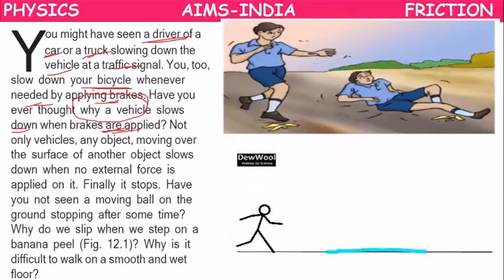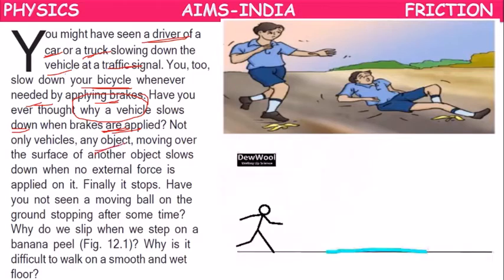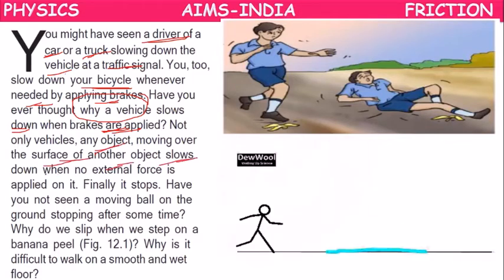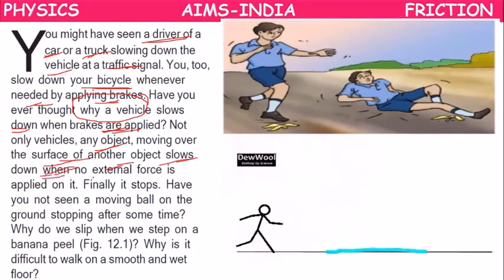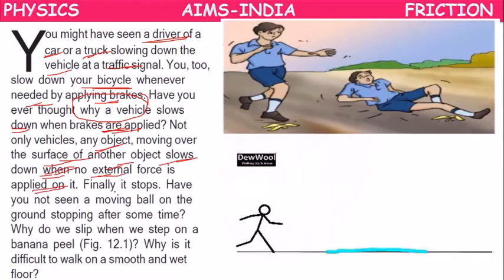Not only vehicles, any object moving on the surface of another object slows down when no external force is applied on it. So finally it stops.